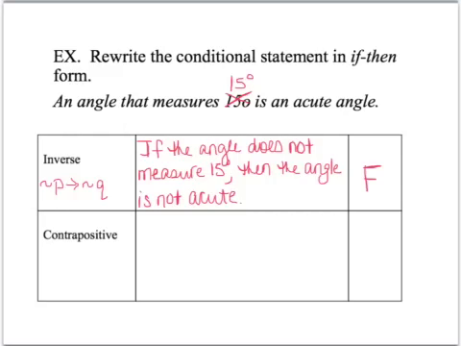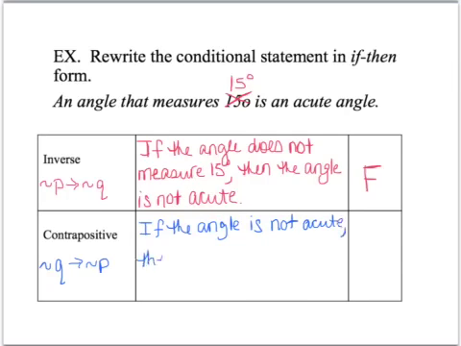Okay, contrapositive. Now contrapositive is, remember, when you switch not Q with not P. It's a switching of the inverse. So I say if the angle is not acute, then it does not measure 15 degrees.